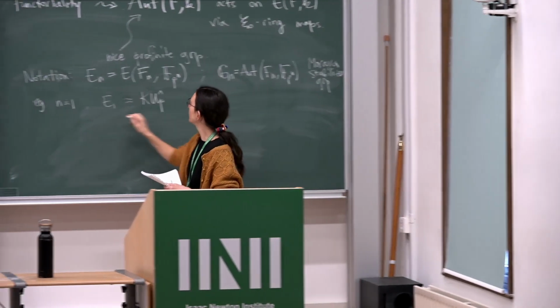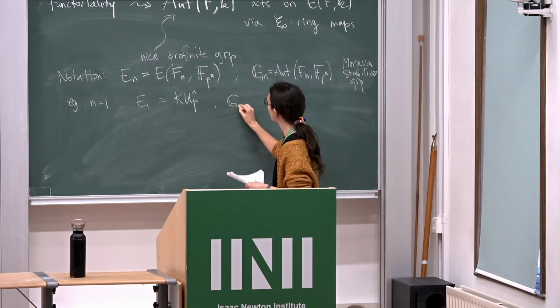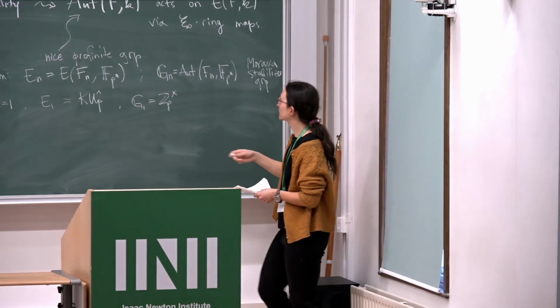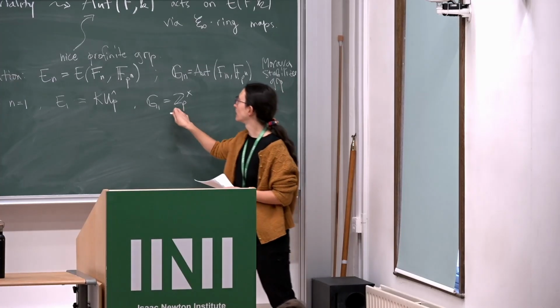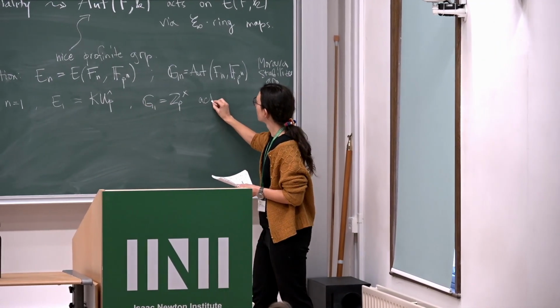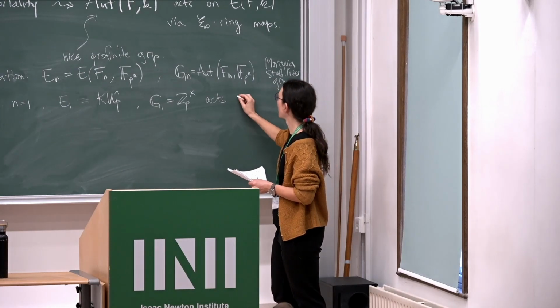When n is 1, this G1 is the p-adic units, and it acts on P-completed K-theory by Adams operations.